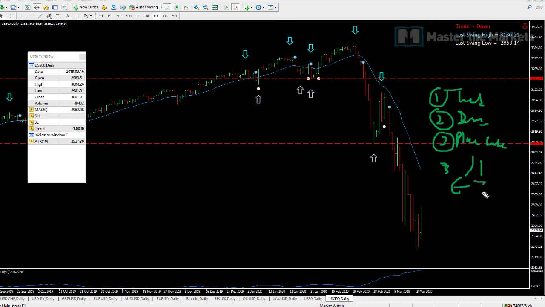So entry, trade management, and then finally know where you're going to exit the trade. So if you did take this trade on the structural failure, you must know where you're going to exit the trade on the short. Okay, so at this point it can retrace, you don't know, so you must know at which point you're going to exit the trade.